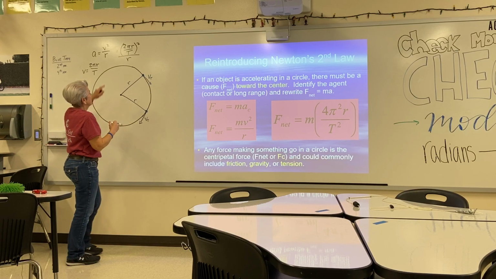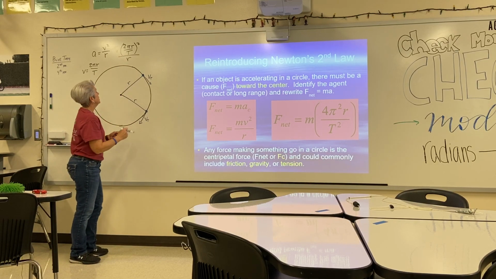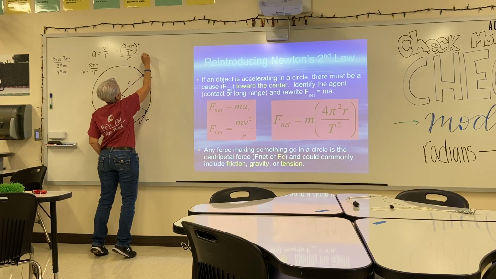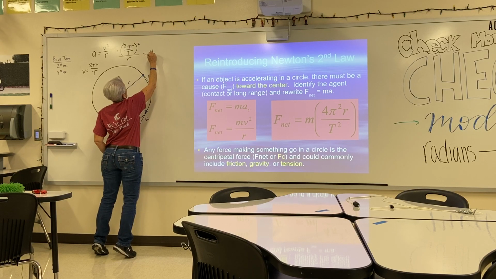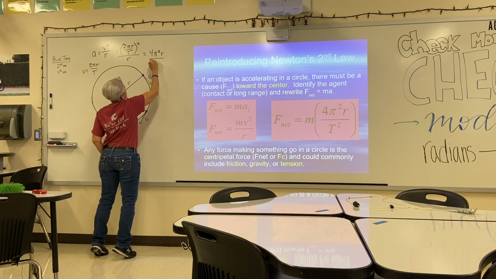If we factor that out, 2 squared is 4, and pi squared is pi squared, times r squared divided by T squared, and then we divide that by r, we end up with 4 pi squared r over T squared.